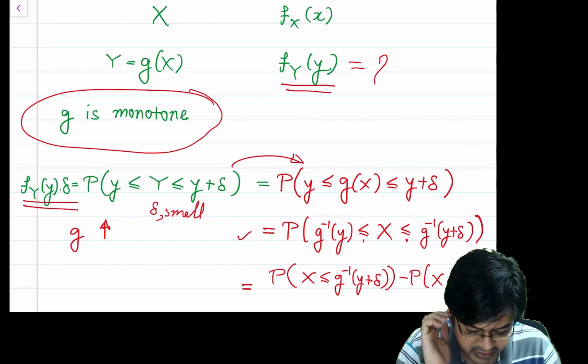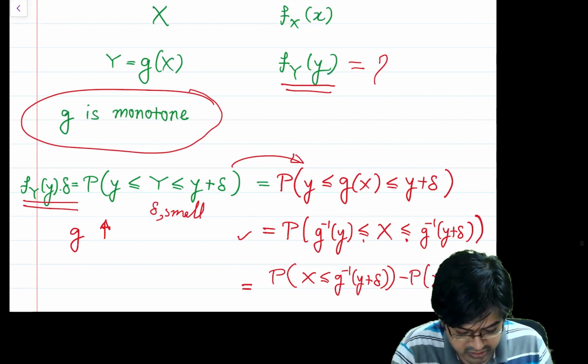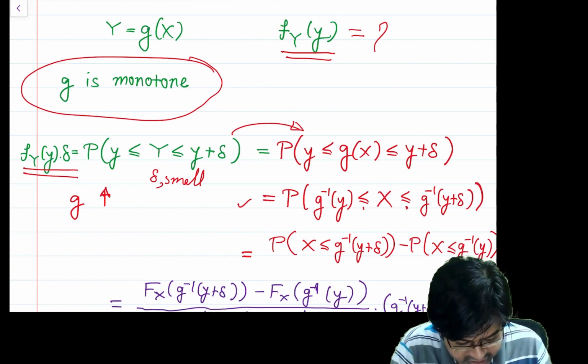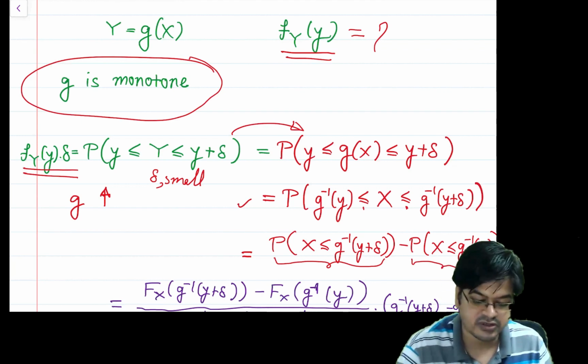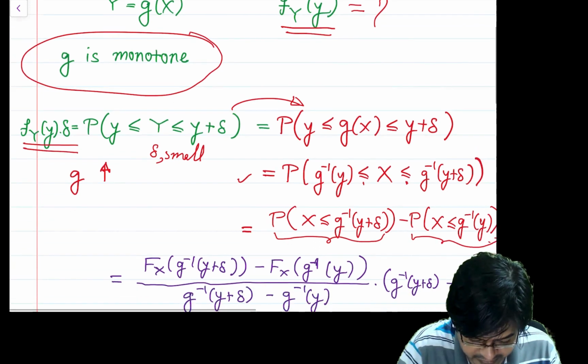So I have reached here. Now you rewrite this in terms of CDF. Because we are dealing with a continuous random variable, this interval is equivalent to probability of x less than or equal to g inverse of y plus delta minus probability of x less than or equal to g inverse of y. Now we are getting something interesting.